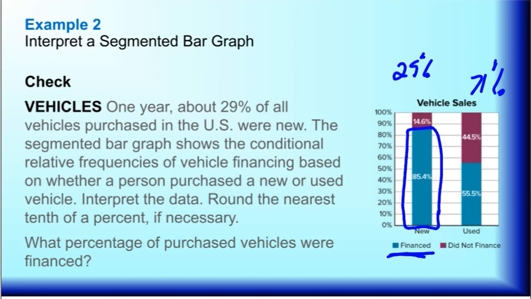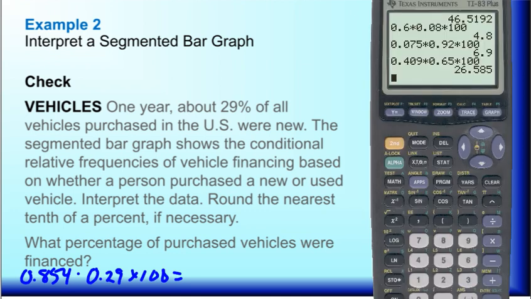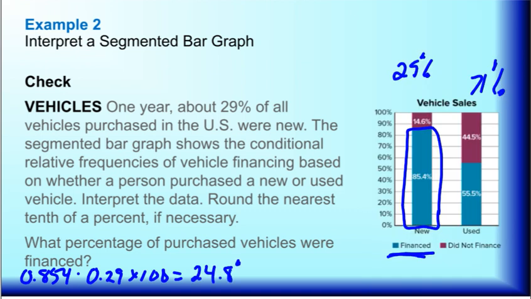So based on the new ones, it's 85.4%, so that's 0.854 times 29%, so 0.29 times 100. That will give us the percent of all new vehicles that were financed. So in our calculators, we have 0.854 times 0.29 times 100. That gives us 24.8%.